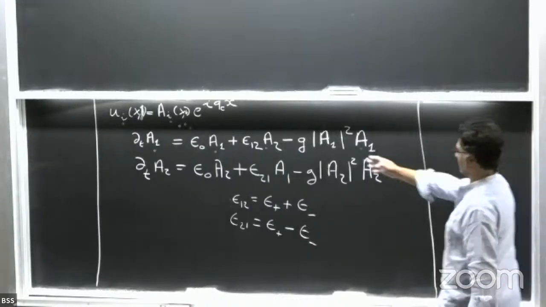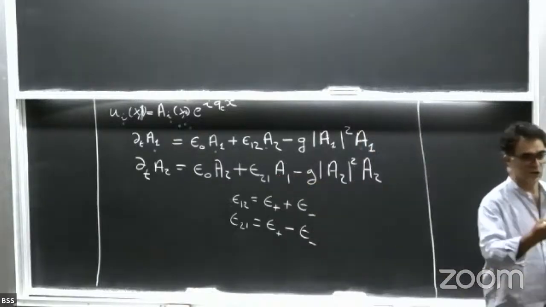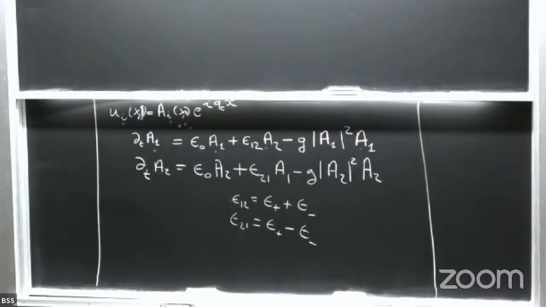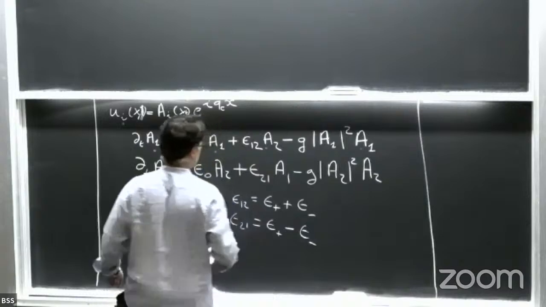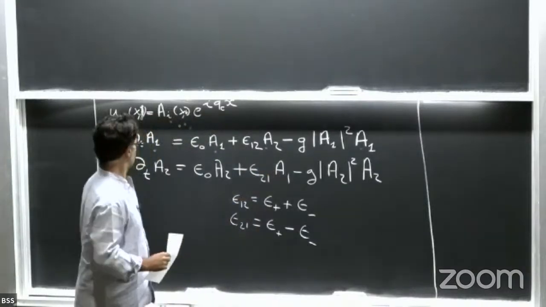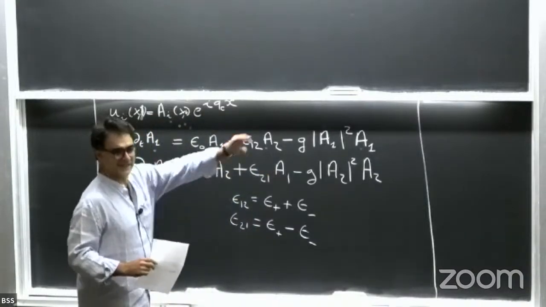G is whatever comes out of the nonlinear term, or the prefactor of the nonlinear term, which is inherited in part from here and in part from other places. Okay? Yeah, exactly. They're related to those things.